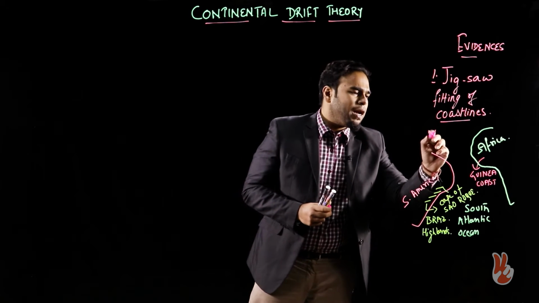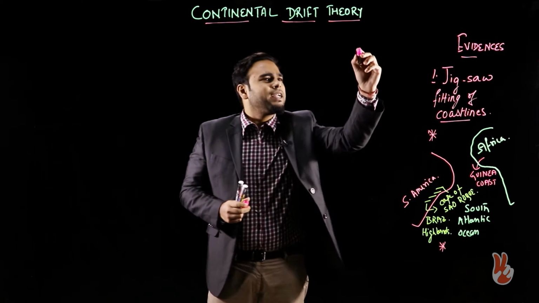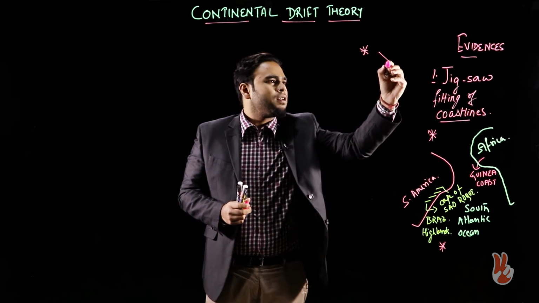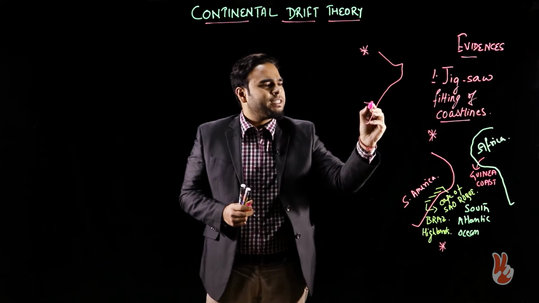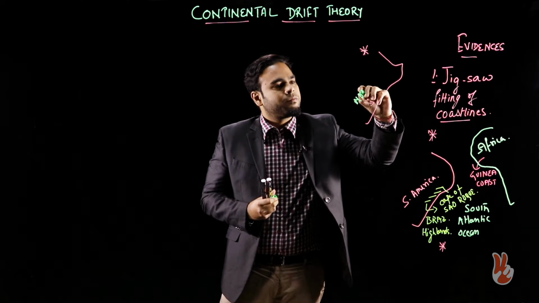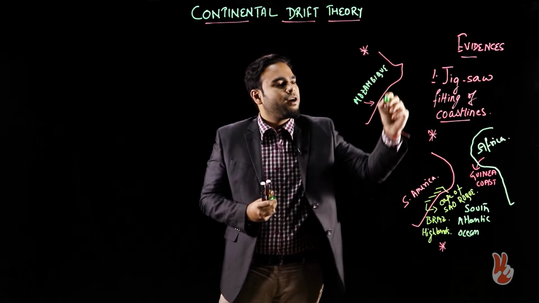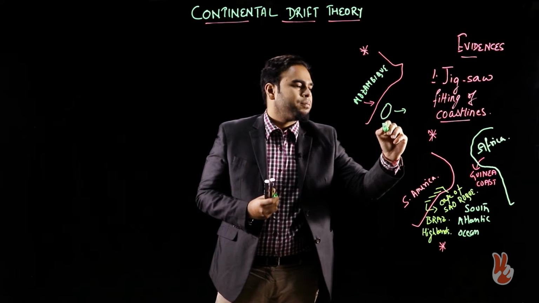The second example he gave was about Africa. Now look at this diagram. If you look at the east coast of Africa, here we have the presence of Mozambique. And here we have an island which everyone knows is Madagascar.